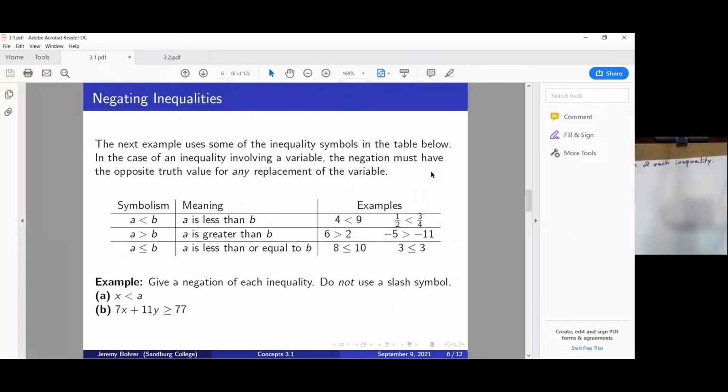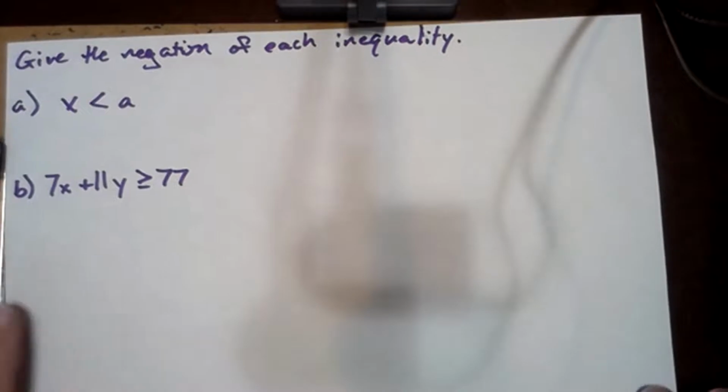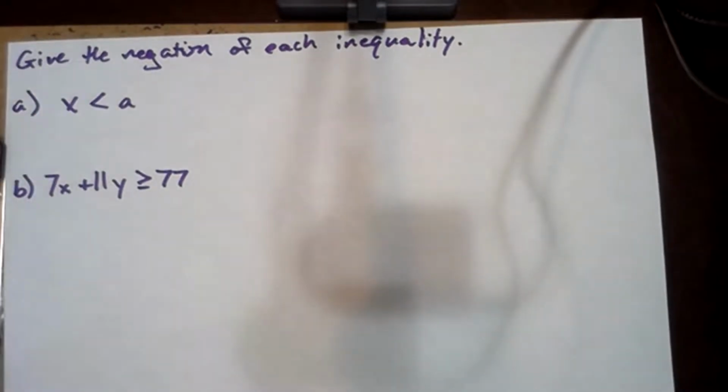In our next example, we're asked to give negations of these inequalities and not use slash marks for them. So when we're dealing with the negation of something like this, we have to account for all possibilities. If x is less than a, then the negation is not simply x is greater than a, because there's another possibility.